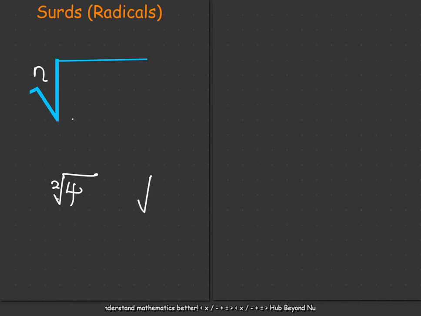Then if you have something like this, you are looking for the cube root of 8. You get it? So the index here determines the root that we are actually looking for or we want to solve. Now, most radical signs are not written with the index.